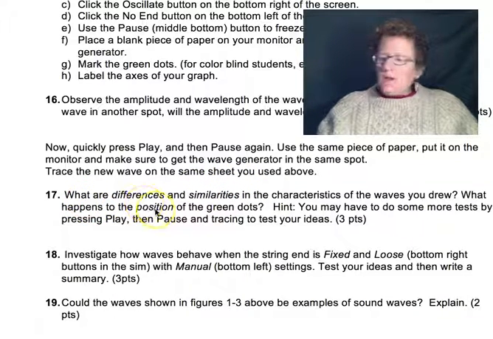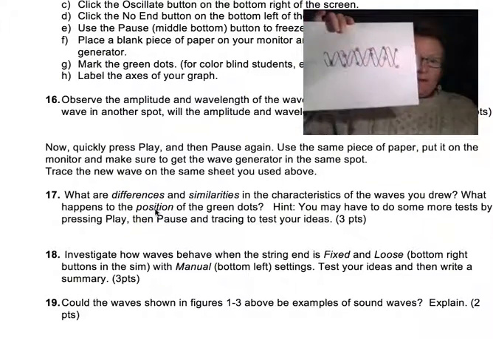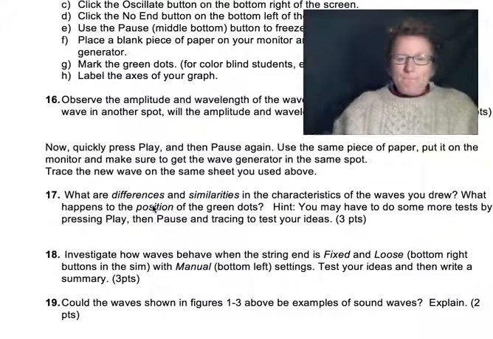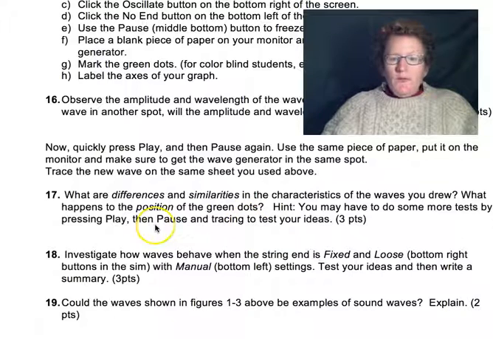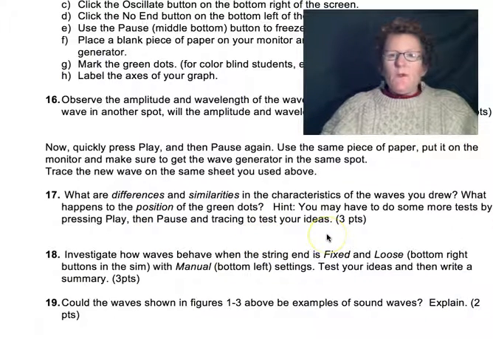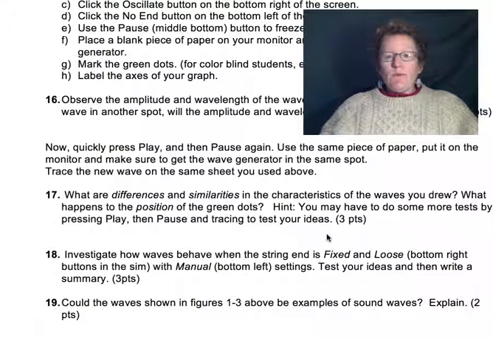We're supposed to look at the differences and similarities in our two waves. What happens to the position of the green dots? We talked about that. You may have to do some more tests by pressing play, then pause, and tracing. So maybe doing a third or even a fourth wave is a good idea to really test some of your ideas.